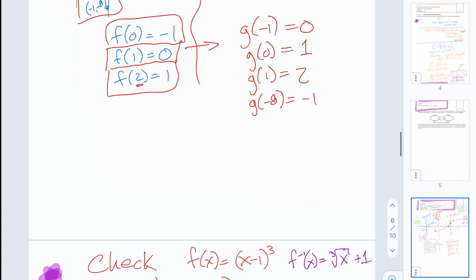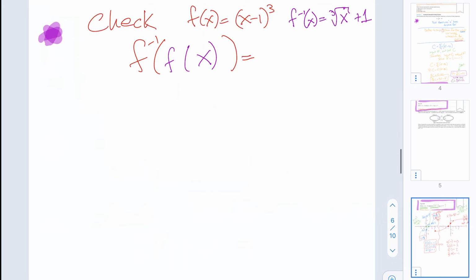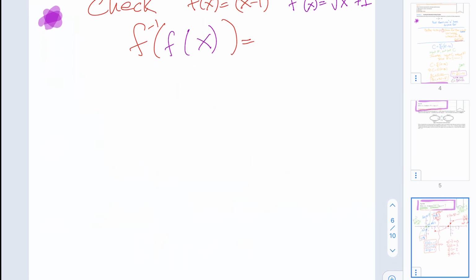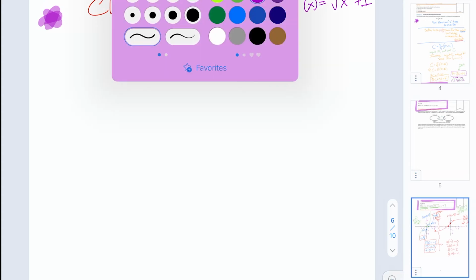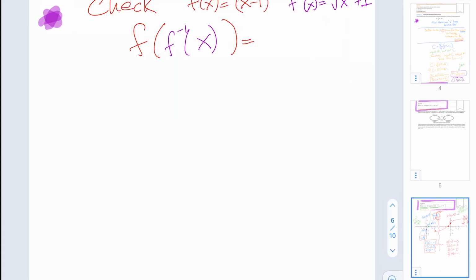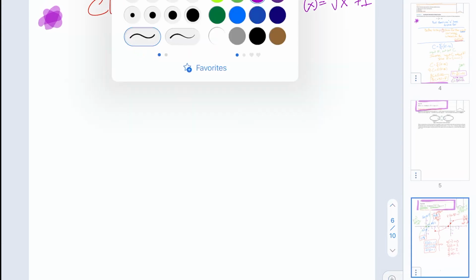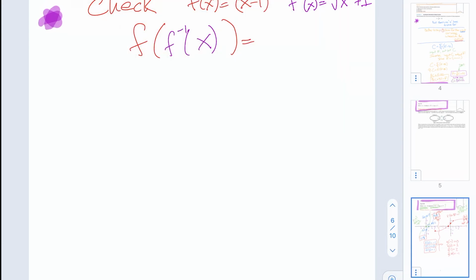You can then double check, like I said up above. You can do this double check and plug in the function. So I have the inverse in the wrong spot here. If I want to take the function and plug in the inverse, the function says I want to do x minus 1 cubed.